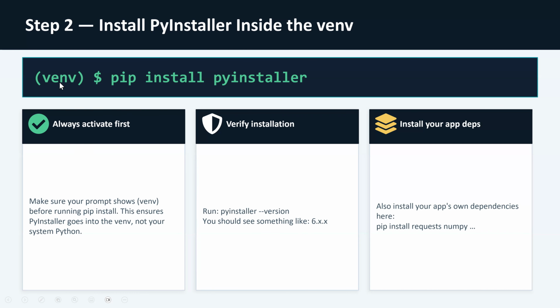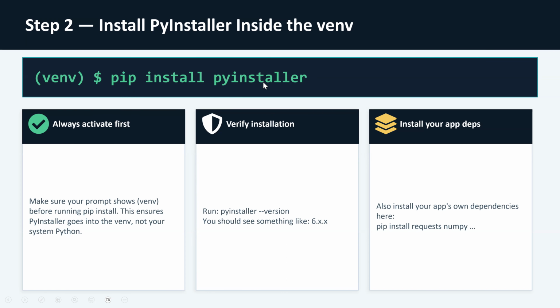So I'm inside the virtual environment. You can use pip. Once you install Python with the virtual environment, Python and pip already come in. Inside here, if you say pip --version, it will tell you the version of pip that's available for that Python 3.12 version, for example. So you can say pip install pyinstaller, the name of the module, inside the virtual environment.